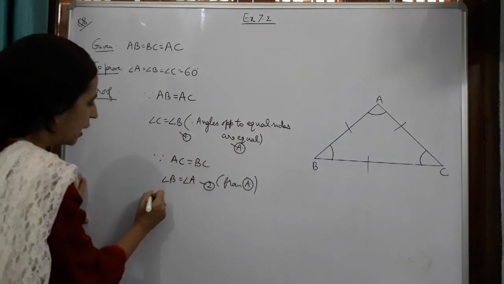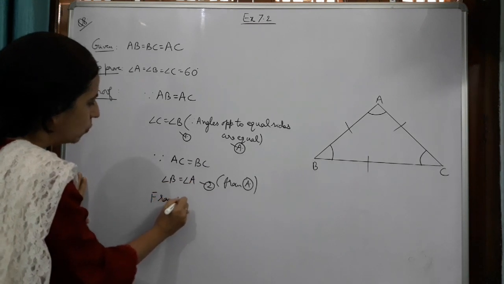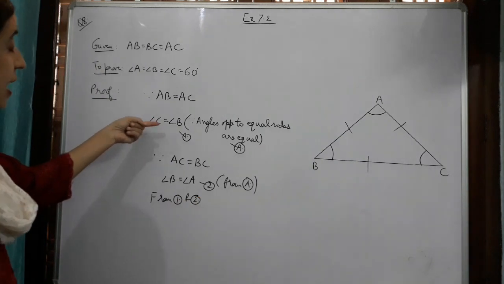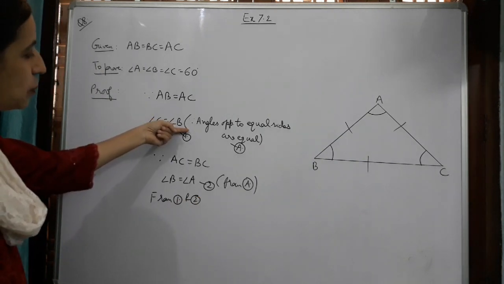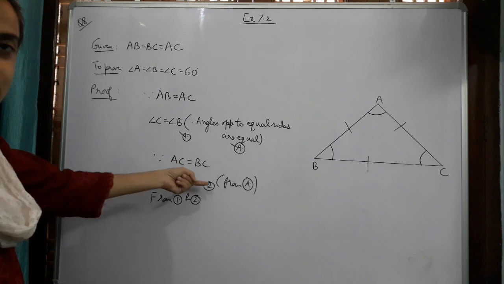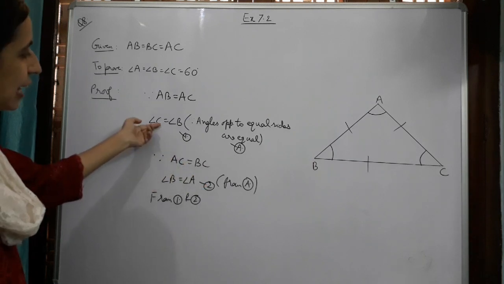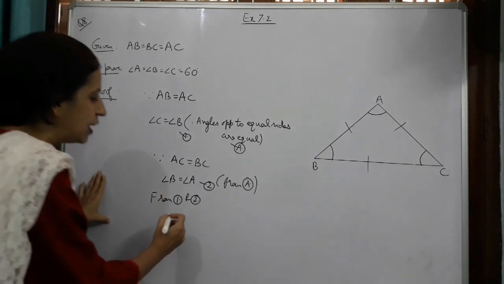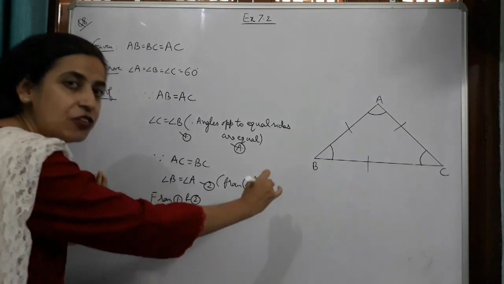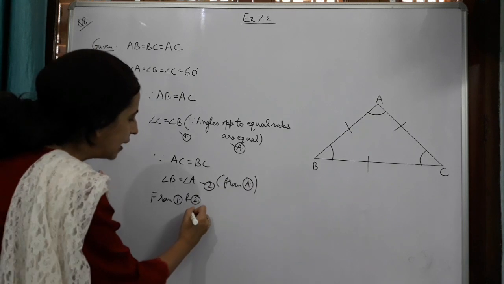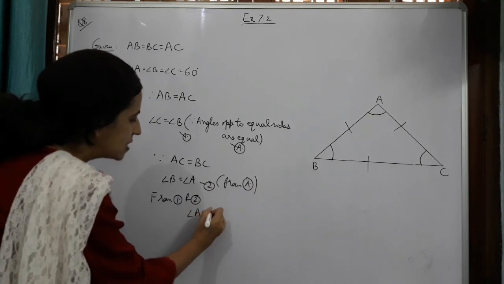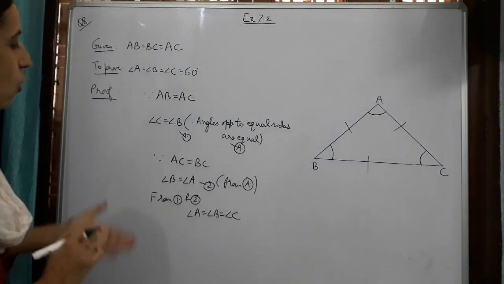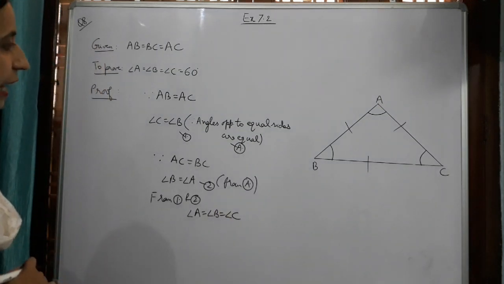Now from equations 1 and 2 we conclude that equation 1 says that angle C is equal to angle B, but here angle B is equal to angle A, so definitely angle C would be equal to angle A, or ultimately we can say that all the three angles are equal to one another. So angle A is equal to angle B is equal to angle C. All the three angles are equal.